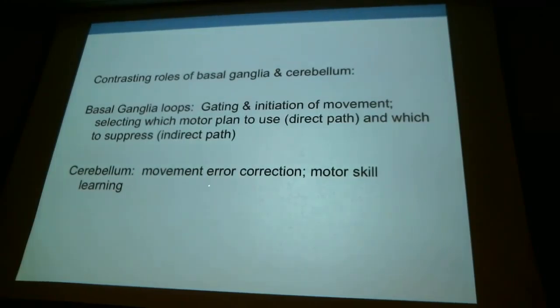So it's really important for motor skill learning because you have to try something and then correct for your errors, and in that way learn complicated movements. There's a distinction between those, but obviously, everything has to work together.